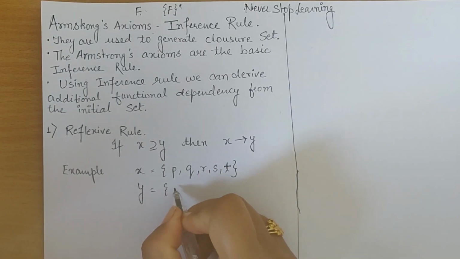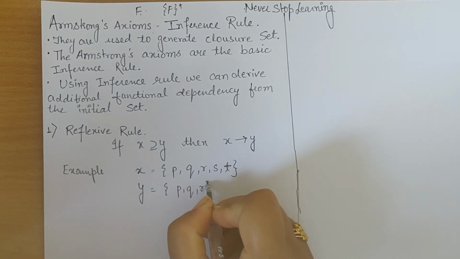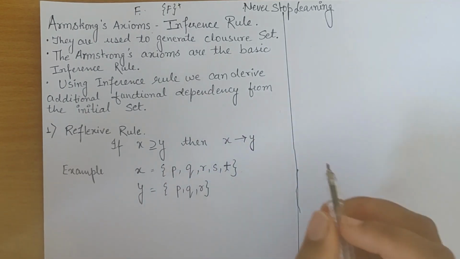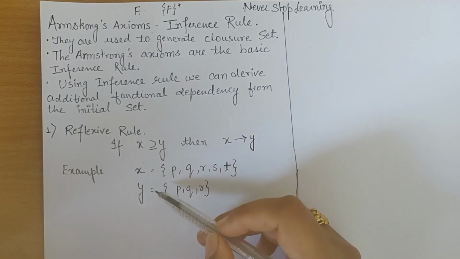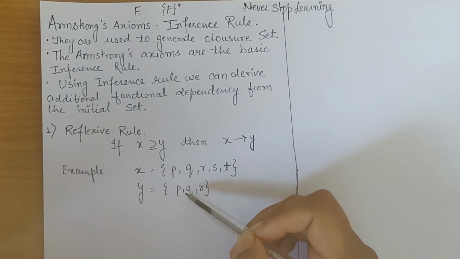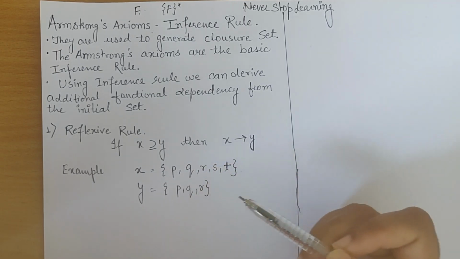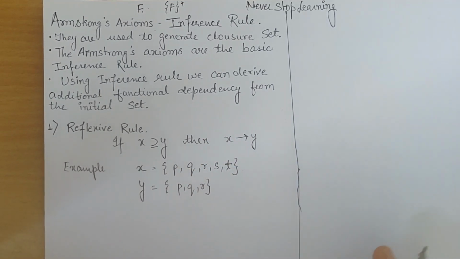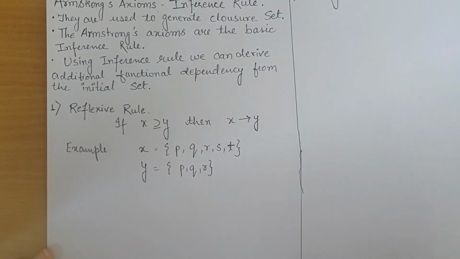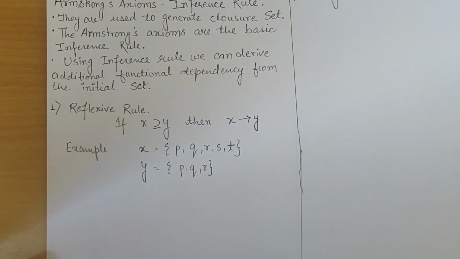Here y has the values p, q and r. The reflexive rule says that if y is a subset of x, then x determines y. If we take the closure of x, I will easily get p, q, r. X will functionally determine y. There is no issue in this rule. Hopefully this rule is clear. This is your first rule.